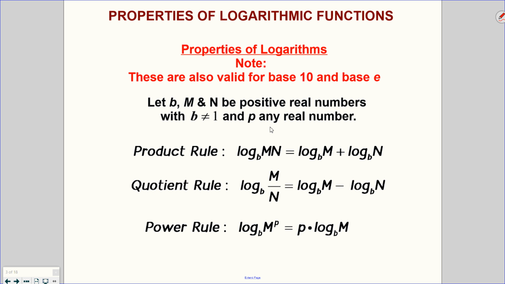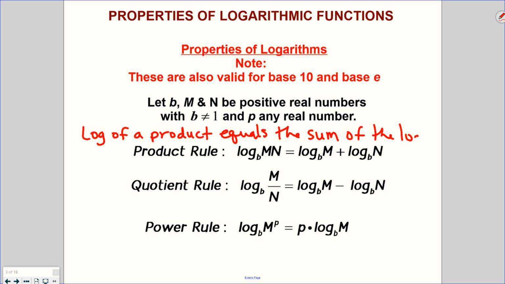So the product rule is the log of a product equals the sum of the logs. So look carefully at it. The log of the product equals the sum of the two different logs. So much easier to learn this with words than it is to do with formulas.